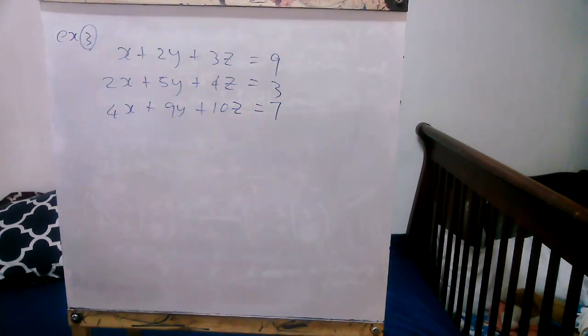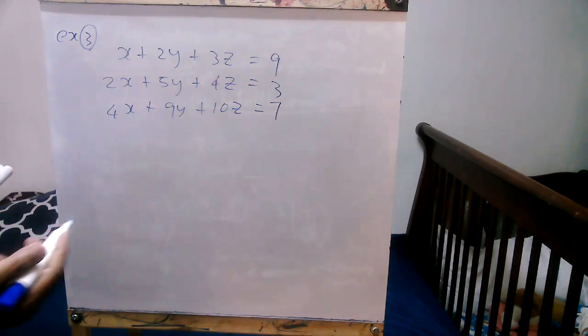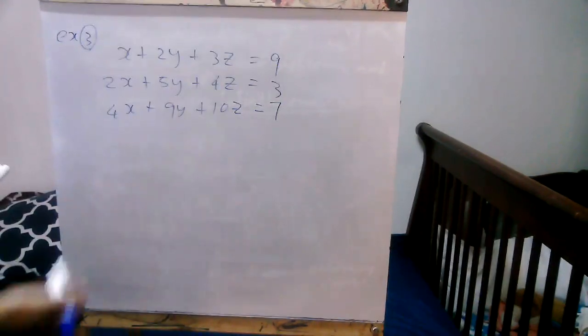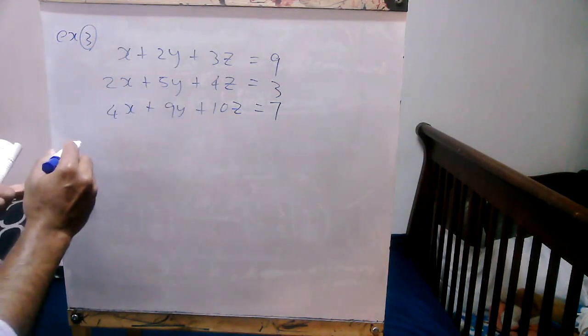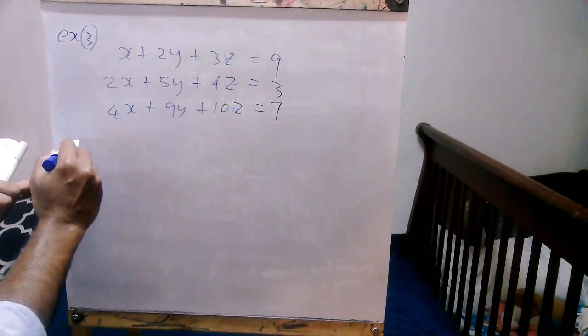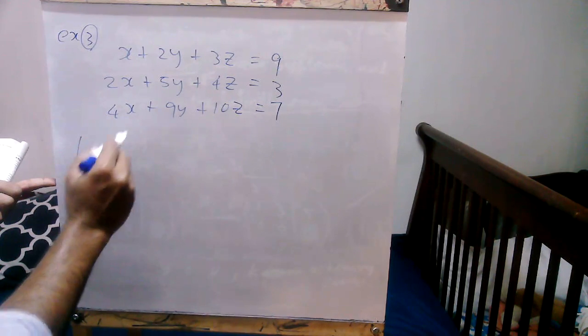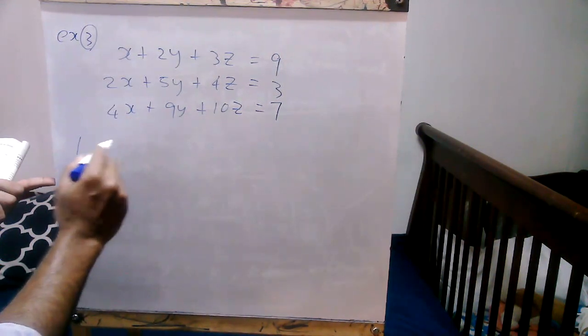Okay. So we know now what we have to do. First write the augmented matrix. One, two, three, 9.